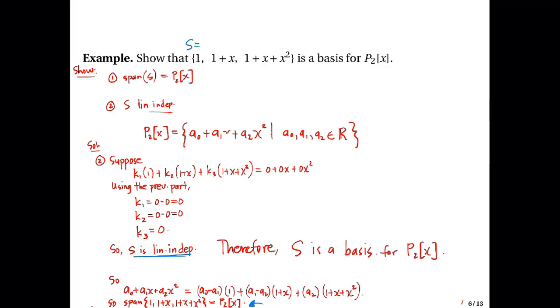Okay? So again, 2 steps to show that a set is a basis. Span must be equal to the vector space, and the set must be linearly independent. Okay?